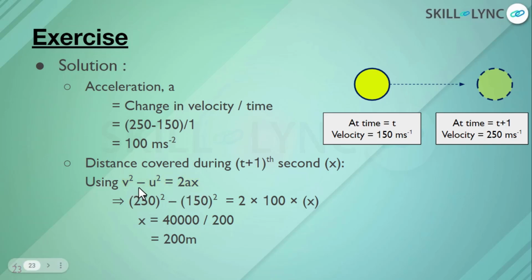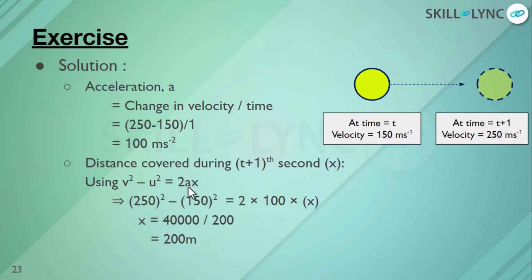Here v was the final velocity, so v square is the square of 250. u was the initial velocity, which was 150 meter per second, so u square is the square of 150. So the LHS can be written as 250 square minus 150 square.